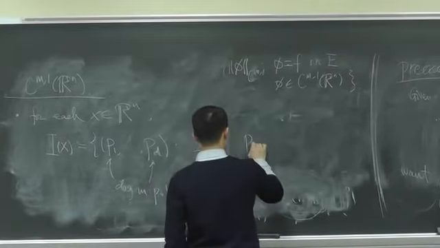So let there be particular solutions to the equation G(x) equal to the sum of F_i(x) G_i(x), i from 1 to d.